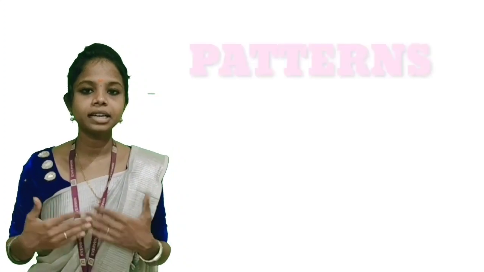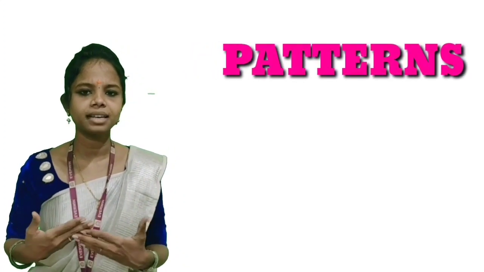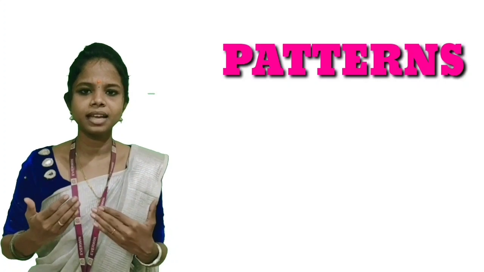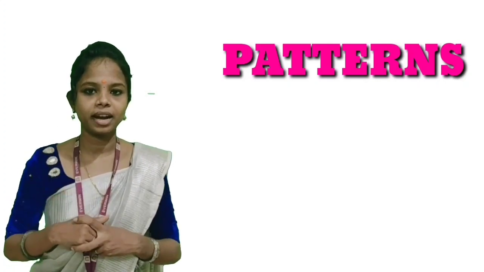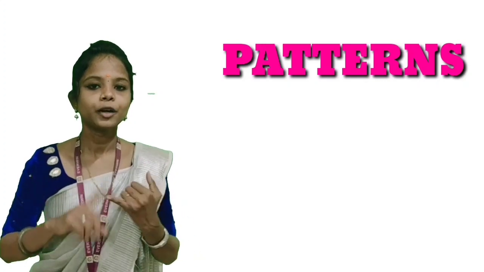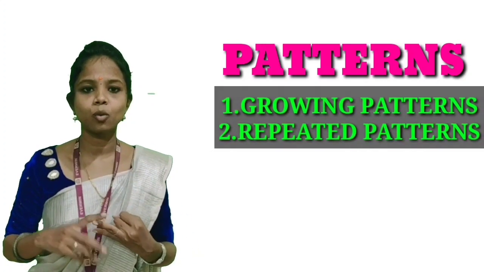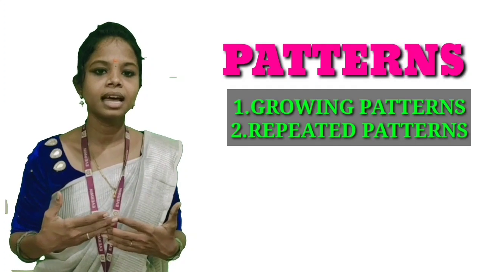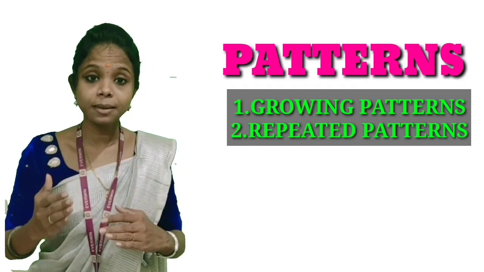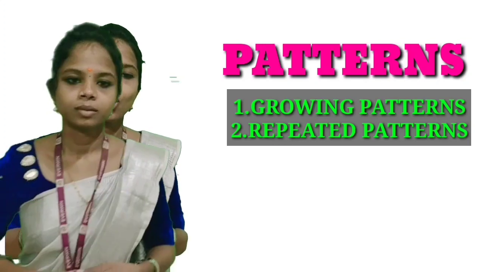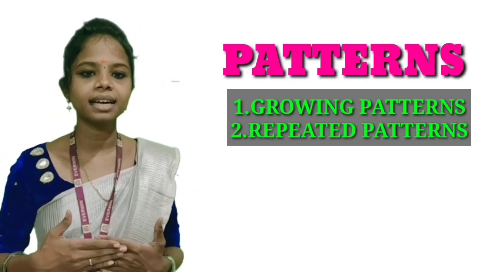First, what did we learn? We learned about patterns. What does pattern mean? A pattern is something that repeats over and over again. So there are two types of patterns. What are they? Growing pattern and repeated pattern. What does repeated pattern mean? The same grouping over and over, patterns never change. The sequence repeats but remains the same. Okay, what does growing pattern mean?